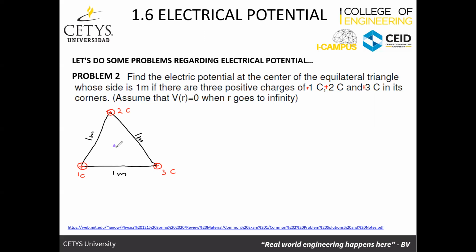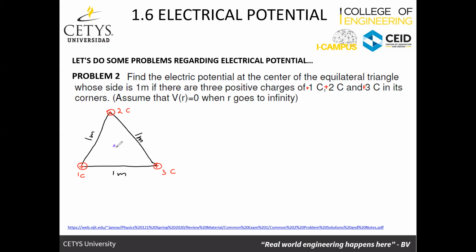I'm going to give you guys a couple of minutes to think about it, and then we're going to solve it here. We need to calculate the electrical potential, but we need to find some distances first.